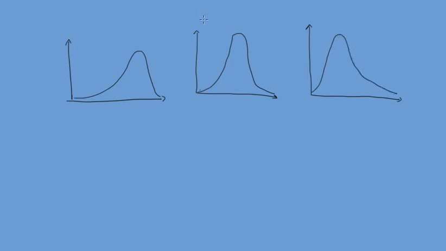So this is our symmetric curve, and the tails off here are both even, and this is one that we're going to be looking at in a bit more detail in a minute. It's called the normal curve.